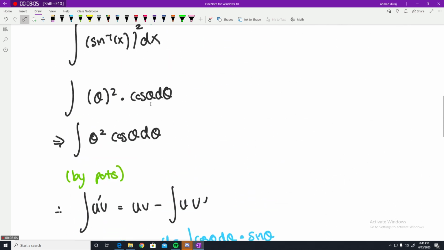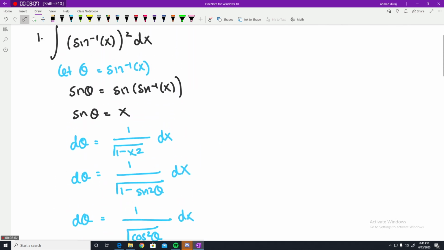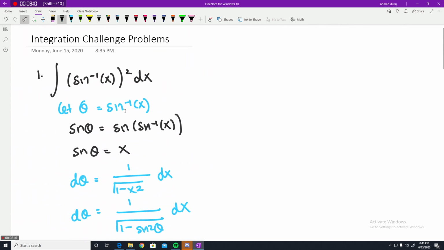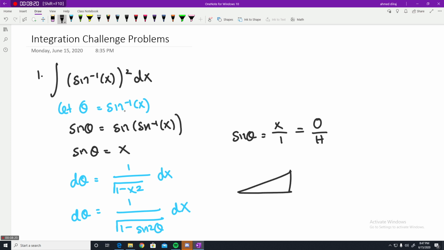Now here's the problem, right? We know sine theta, but we don't know cos theta. Well, let's figure out cos theta. So we know sine theta is equal to x on 1. And sine theta is also opposite over hypotenuse. So by drawing a right angle triangle, we know the opposite is x and the hypotenuse is 1. Using Pythagoras' theorem, the adjacent side becomes square root of 1 minus x squared.